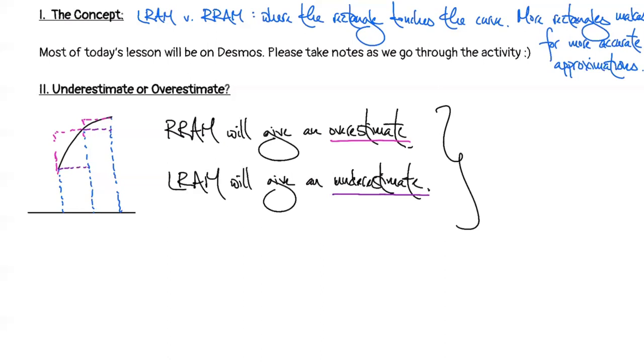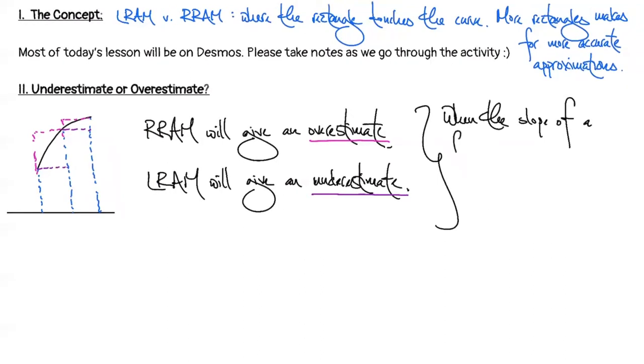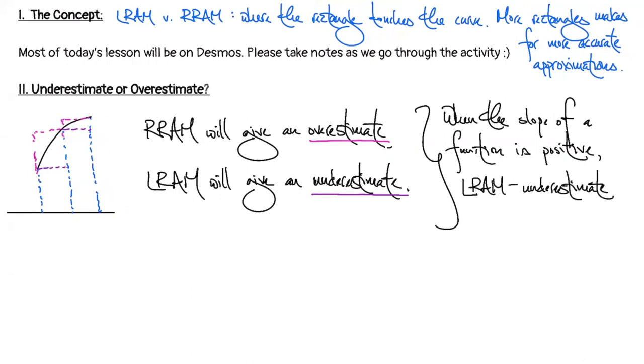Okay, so here is a really important pattern. When the slope of a function is positive, then LRAM will always give an underestimate, and RRAM will always give an overestimate.